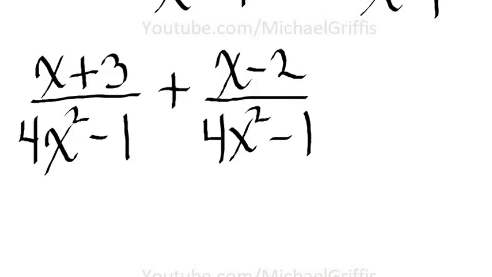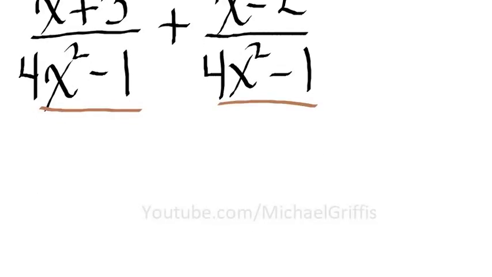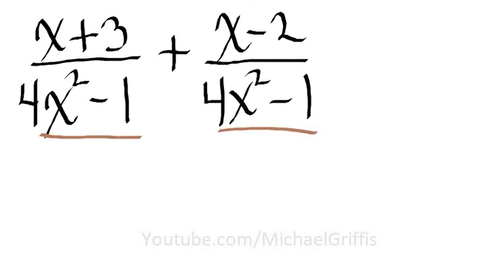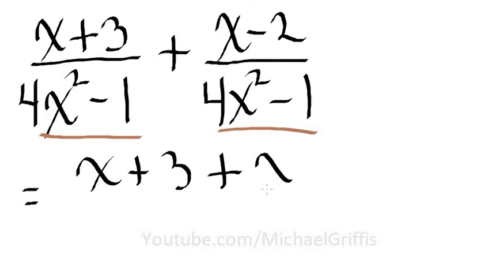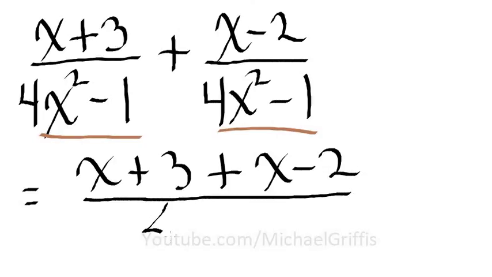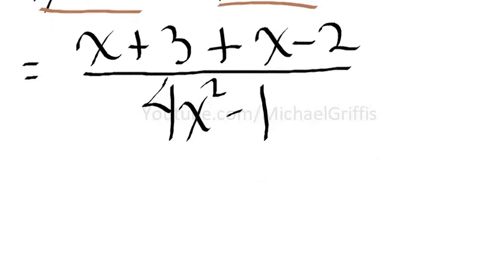So we have a common denominator. All we're going to do here is add the numerators. So we have x plus 3 plus x minus 2. We rewrite that denominator, 4x squared minus 1.